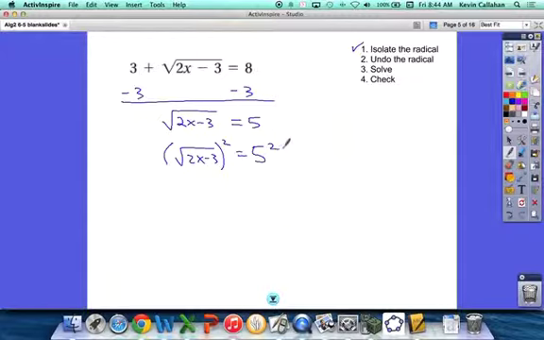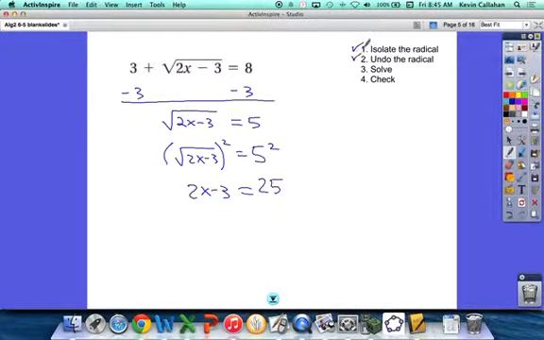What do you get when you square a square root? They cancel each other, right? That's why we did it. The square of a square root is what's inside. And 5 squared, 25.